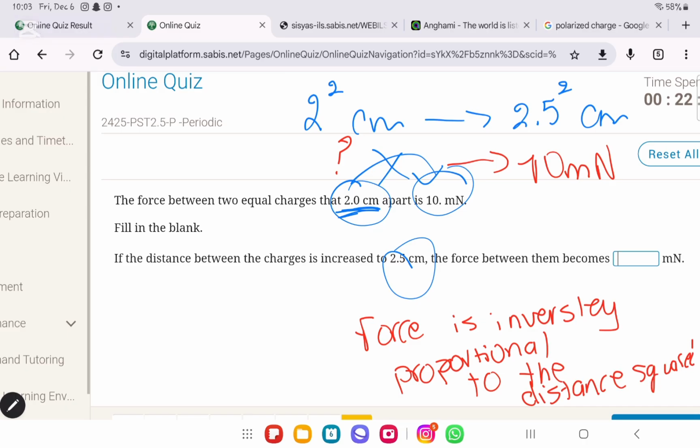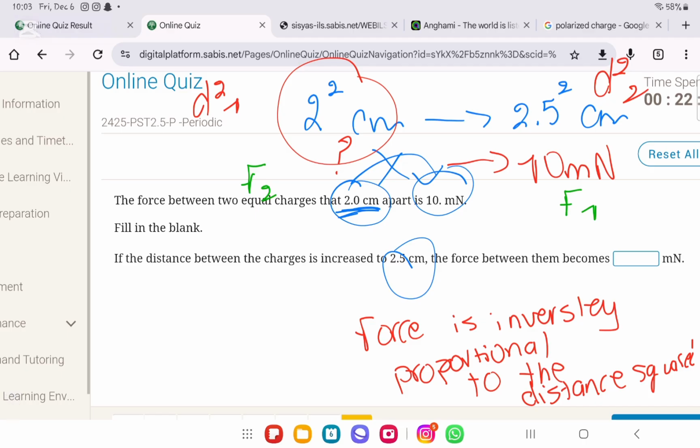So that means if you're gonna make it in an equation like this, the initial distance squared 1 is gonna be here. However, distance squared 2 is gonna be here. Whereas force 1 is gonna be on the side of the distance squared 2, and force 2 is gonna be on the side of the distance squared 1.